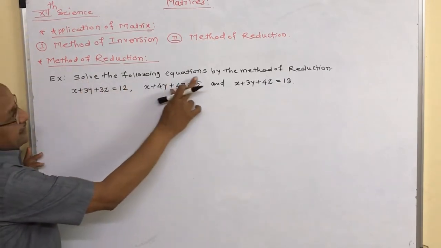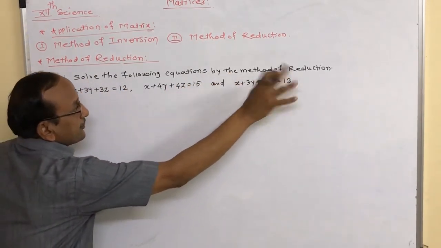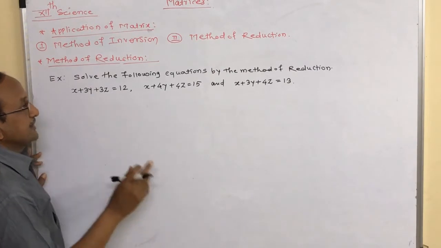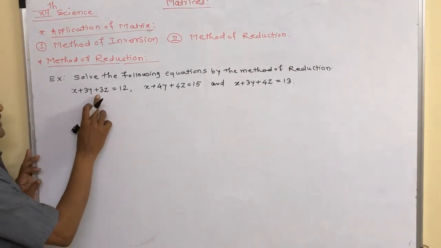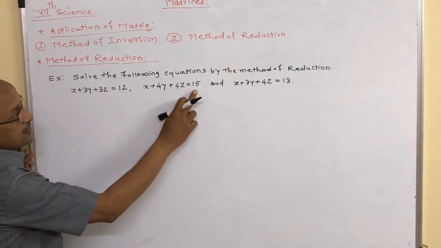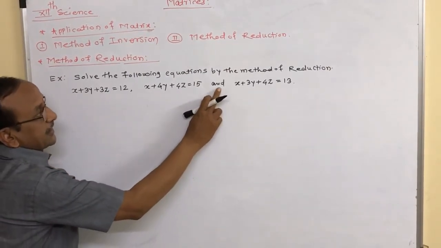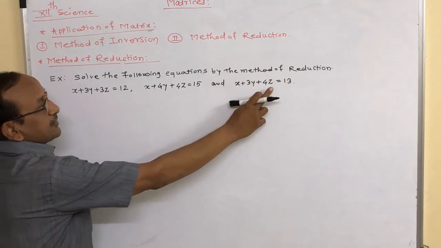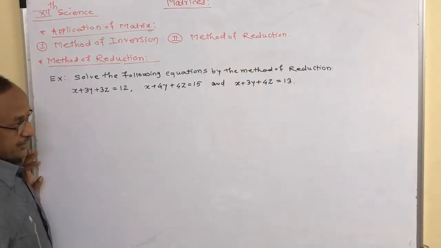Solve the following equations by the method of reduction. The equations are x plus 3y plus 3z is equal to 12, x plus 4y plus 4z is equal to 15, and x plus 3y plus 4z is equal to 30.